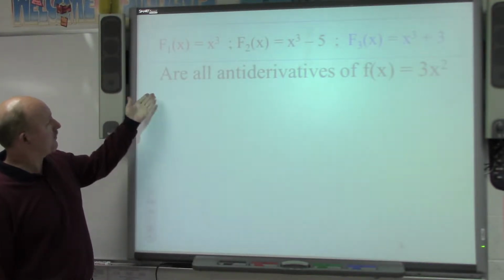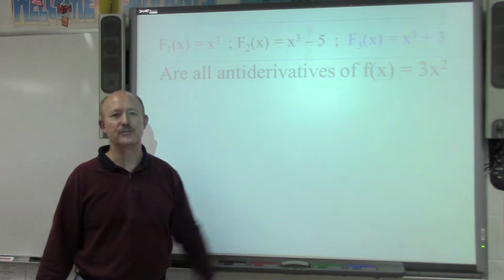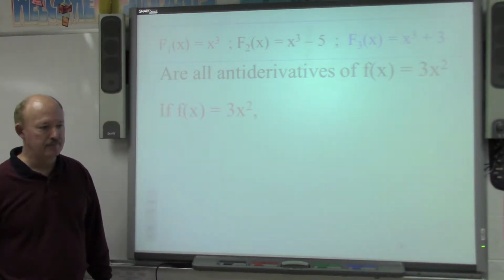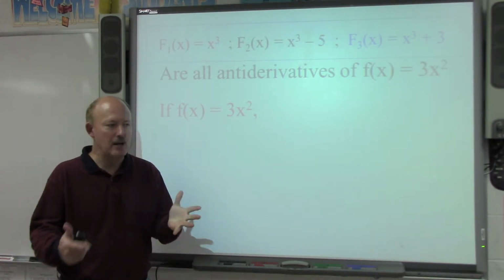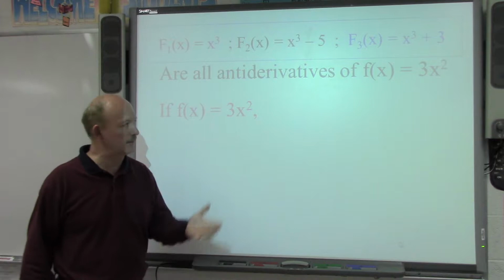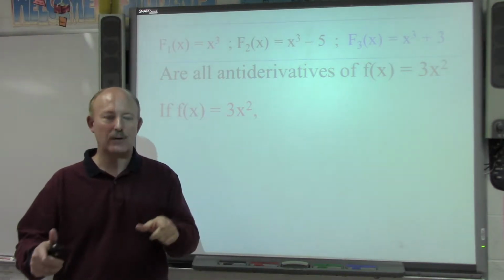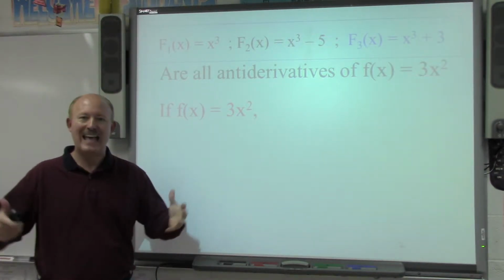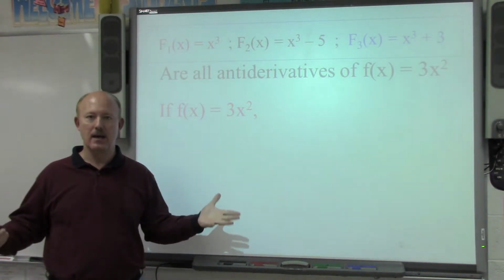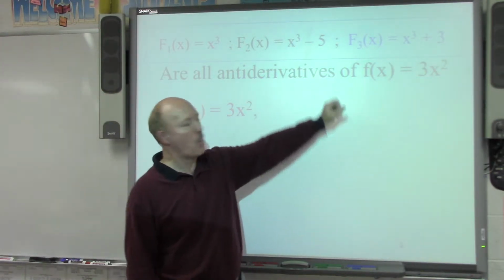So these are all antiderivatives of 3x to the second power. Now, if f of x equals 3x to the second power, this is how we compensate for the fact that these all have the same derivative. When you find an antiderivative, you're actually finding an expression that represents an entire family of antiderivatives, all of them having a different y-intercept.